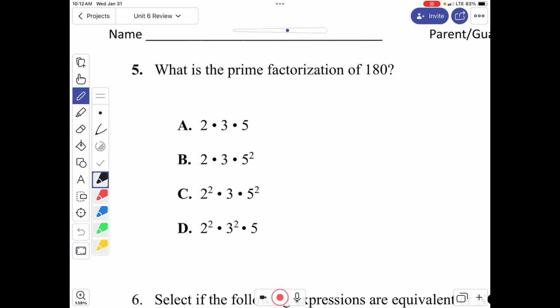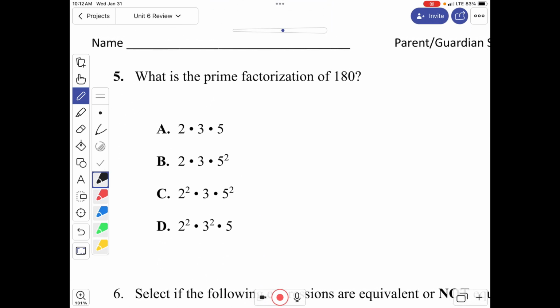Question 5. What is the prime factorization of 180? So we start with 180 and think what times what would be 180? Well, I know that I could put either a 2 here or I could put a 10. I'm going to start with 10 because it ends with a 0.